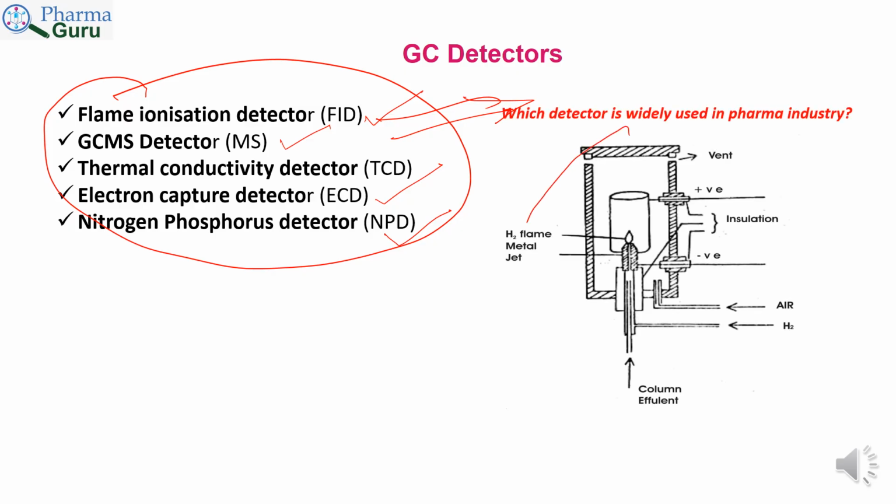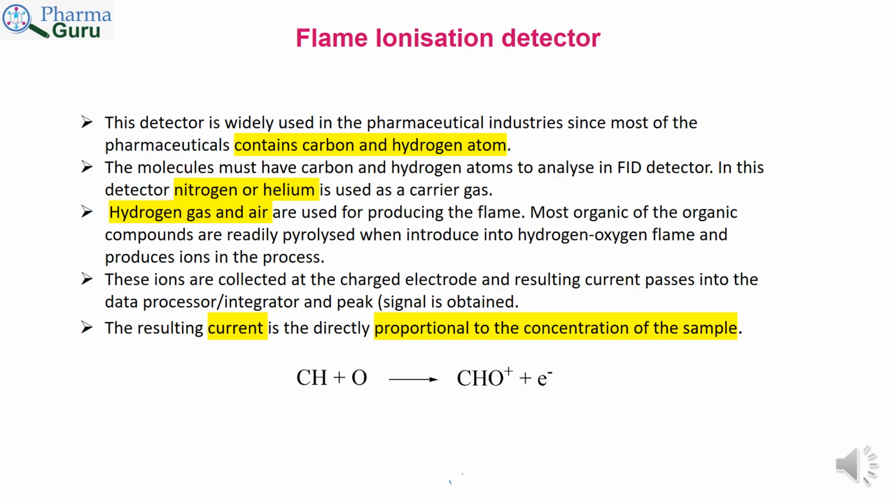This is the FID detector image. I am not going to discuss in detail since I have already discussed in the previous video. Now question comes, which type of compound can be analyzed on flame ionization detector? Please keep in mind, only those compounds can be analyzed on FID which has carbon and hydrogen atom.